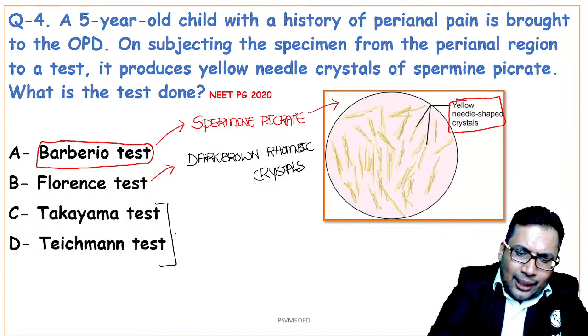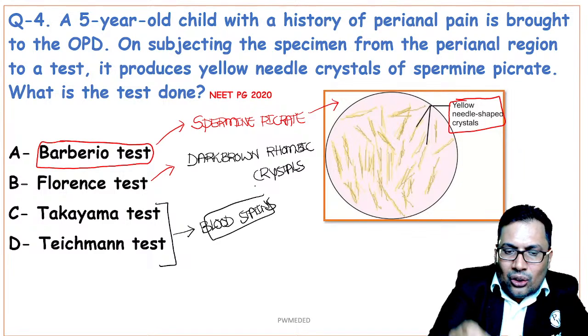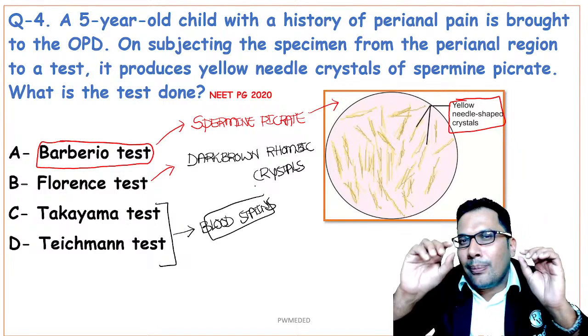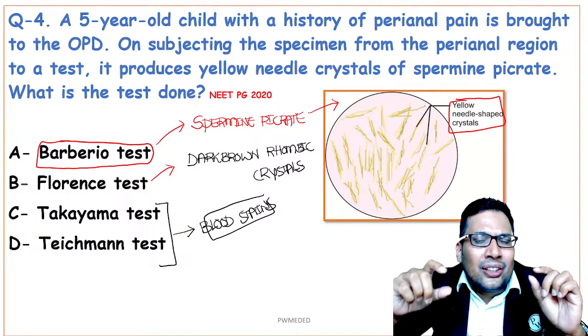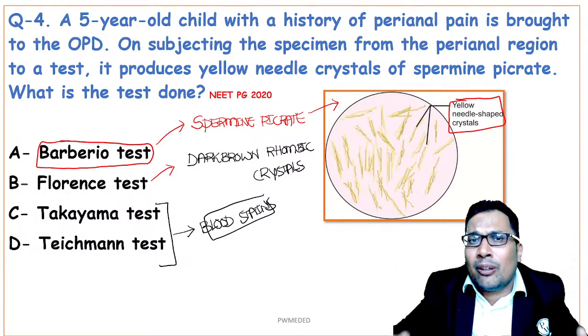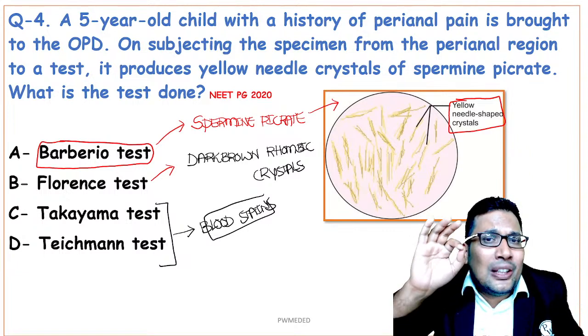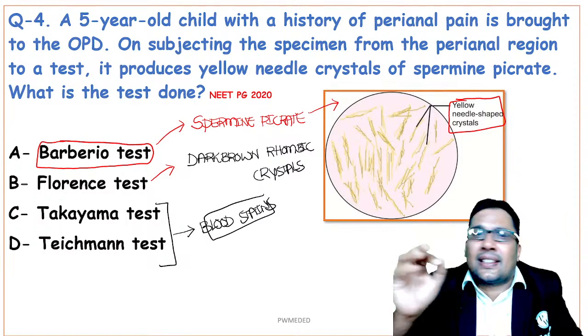Takayama test and Teichmann test are used for blood stains. Okay, and remember, Takayama test and Teichmann test are hemin crystal tests. They are used for confirmation of the blood stain. In case of Takayama test, you will see pink feathery crystals.